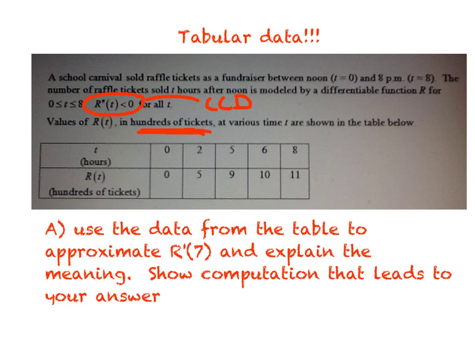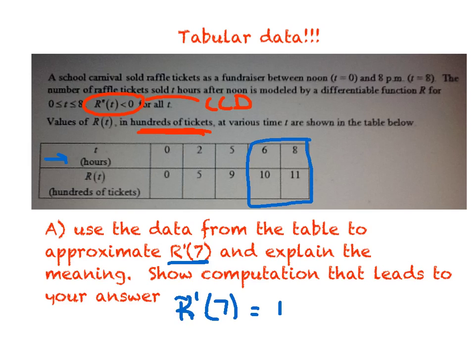Okay, so part A has two parts. First of all, it says use the data from the table to approximate r prime of 7, and I'll read the other half later. Well, r prime is clearly telling me to take the derivative at 7. You'll notice 7's not on my table in hours, but I do know it falls between 6 and 8. So we've seen this before. We want the derivative, so we're going to use the slope formula.